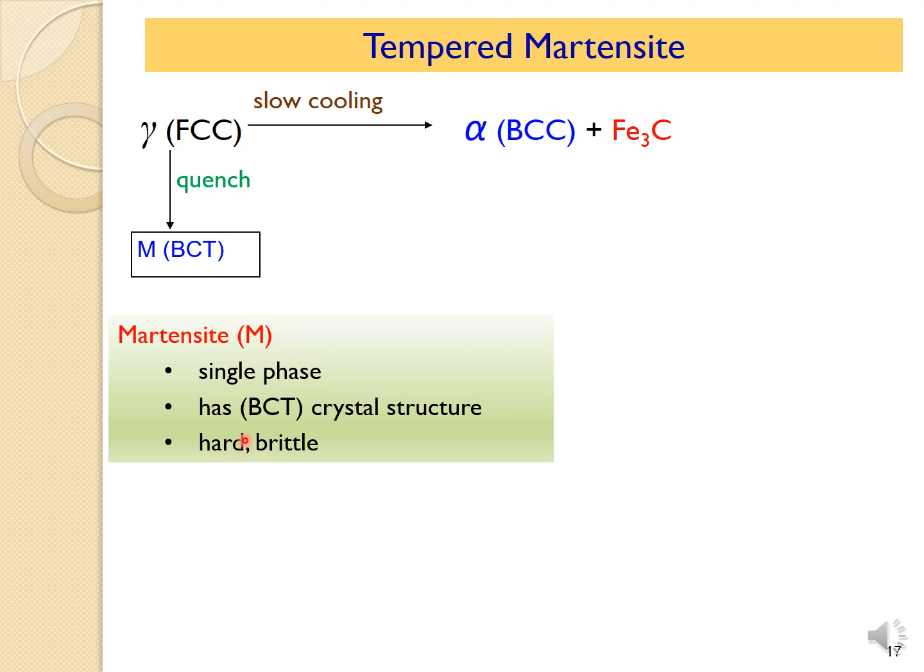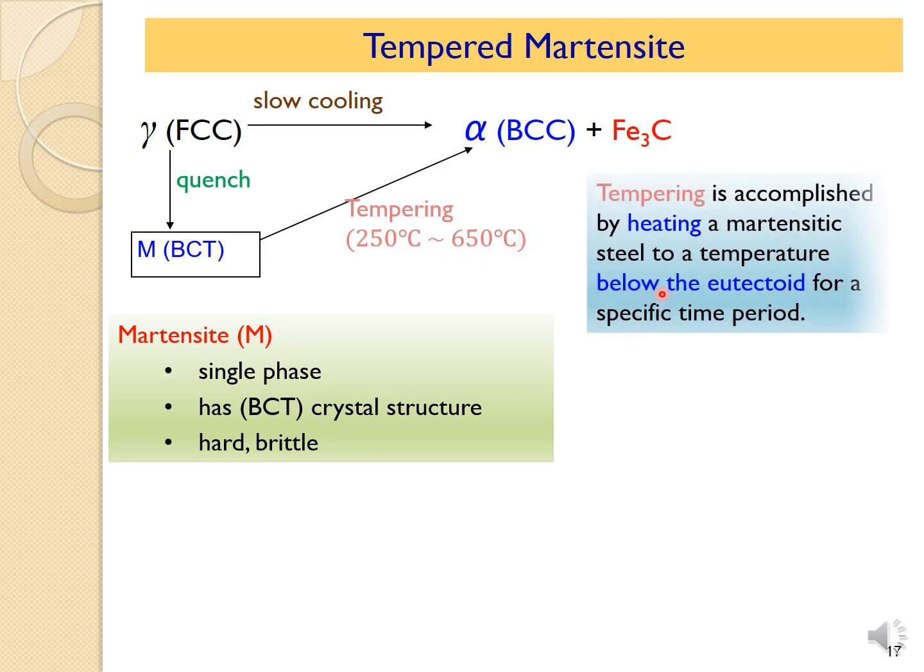However, we can do some heat treatment to restore the ductility of the martensite. This heat treatment is called tempering. Tempering is carried out usually at 250 to 650 degrees Celsius, which is below the eutectoid temperature. Tempering is accomplished by heating martensite, or martensitic steel, to a temperature below the eutectoid for a specific period of time.